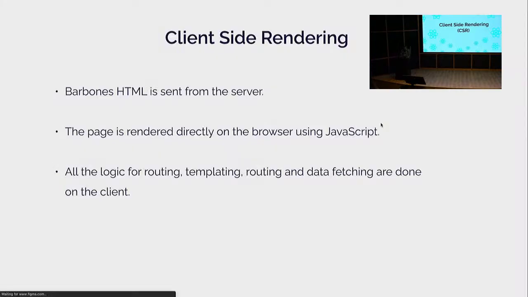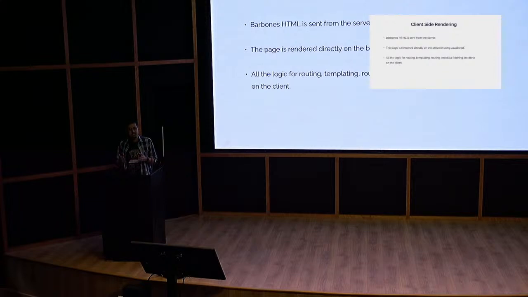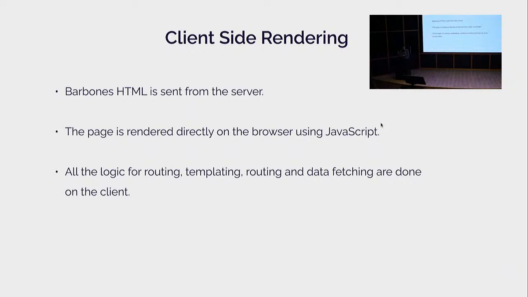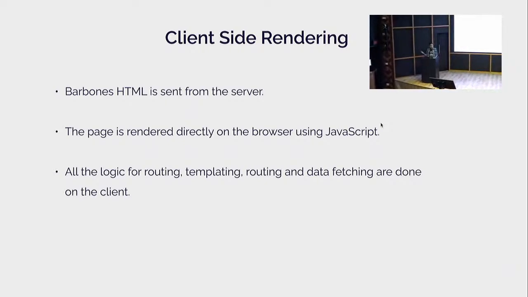With client-side rendering, you basically just get bare-bones HTML from the server, a page which contains the JavaScript, CSS, etc. tags, and you download the relevant JavaScript and then render the DOM via JavaScript on the page itself. All the logic for routing, templating, and data fetching is done on the browser itself.